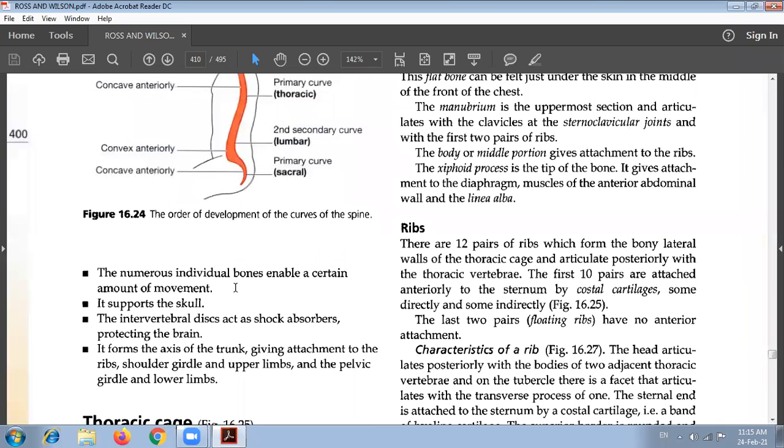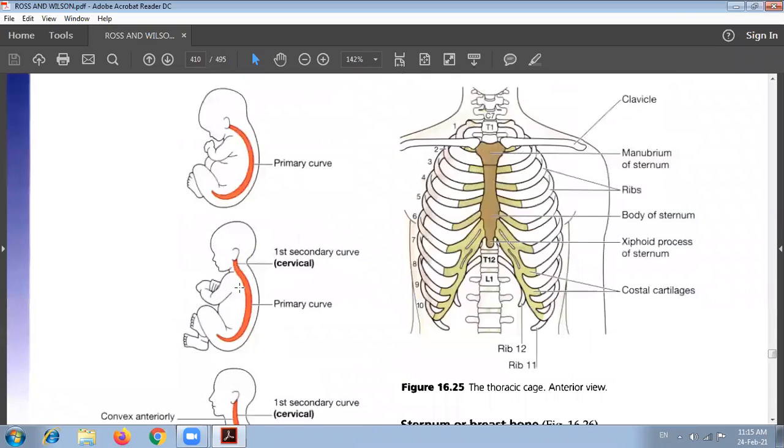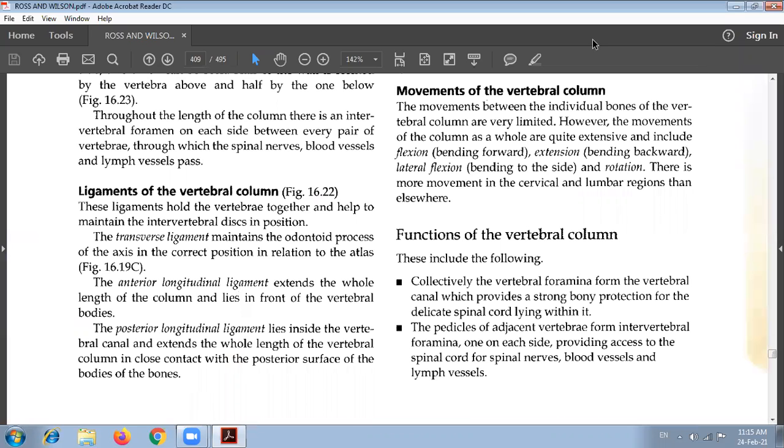It supports the skull. The intervertebral discs act as shock absorbers, protecting the brain. It forms the axis of the trunk, giving attachment to the ribs, shoulder girdle, upper limbs and pelvic girdle, and lower limbs. So this covers our vertebral column and gives support to our body.